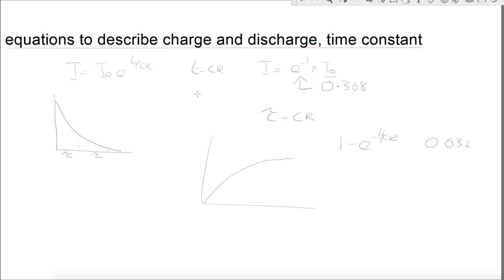The time for the current to fall to 0.368 of its initial value, and of course that is true charging and discharging, so that's kind of handy. Or it's the PD across the capacitor rising to 0.632 of its final value. You need to know the definition of a time constant.